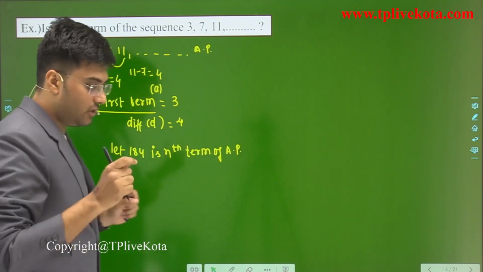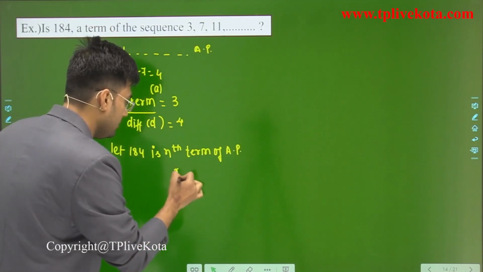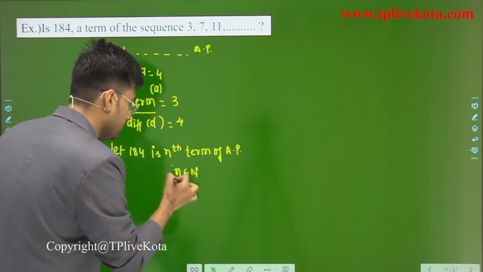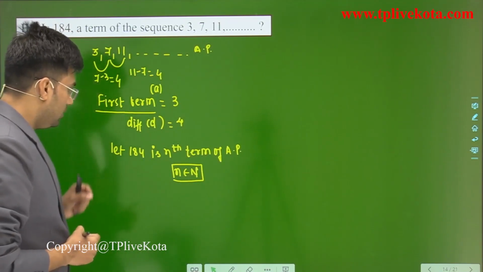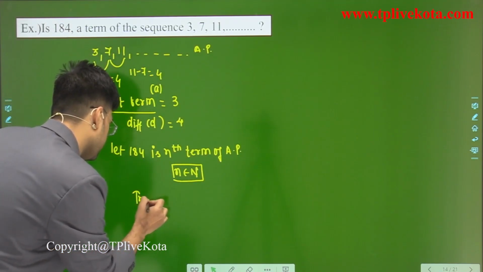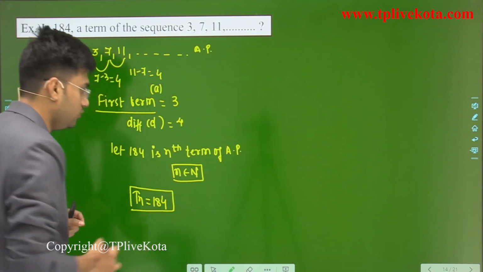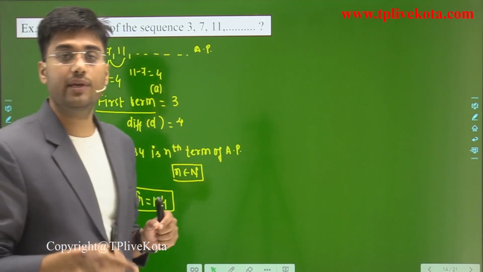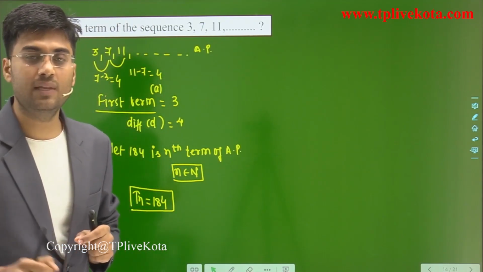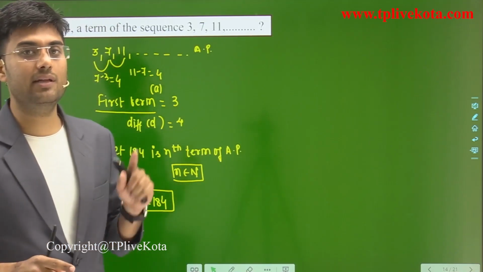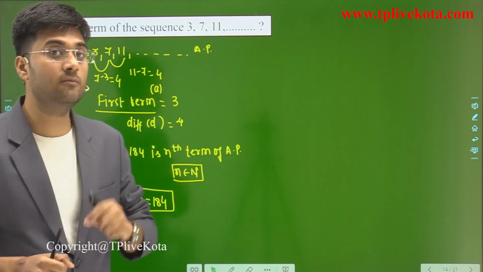And students, we know that this n should be a natural number. Clear? So Tn is equal to 184. After solving for n, if n is a natural number, fine. If n is not a natural number, then we can say that 184 is not a term of this given AP.